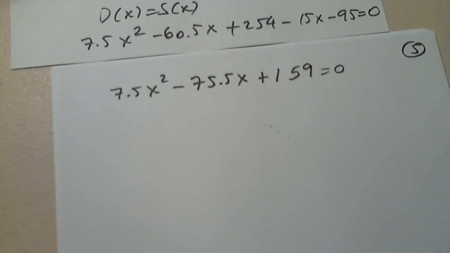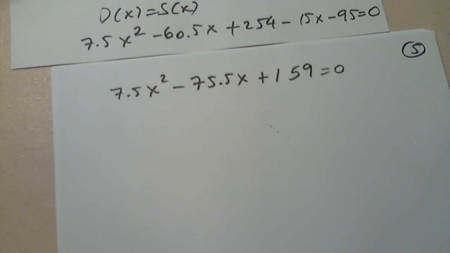So go to apps, and then 9, and it's polynomial. Degree 2. The first coefficient is 7.5. The second coefficient is negative 75.5. And did it take it?